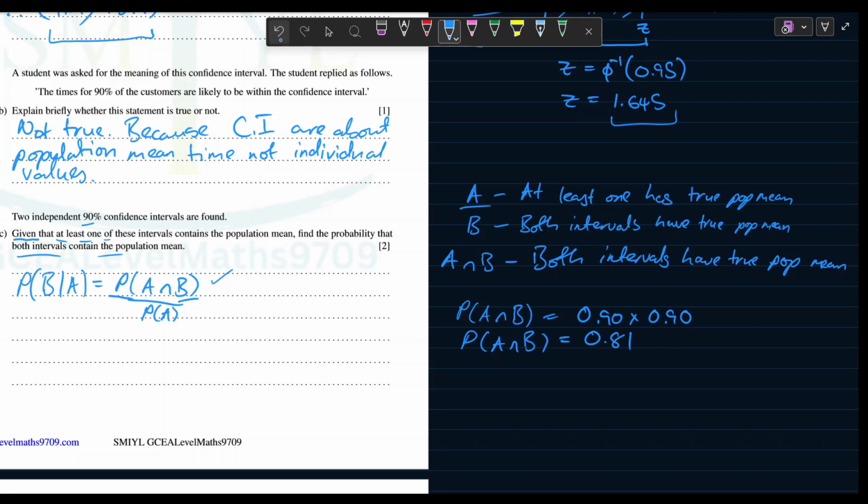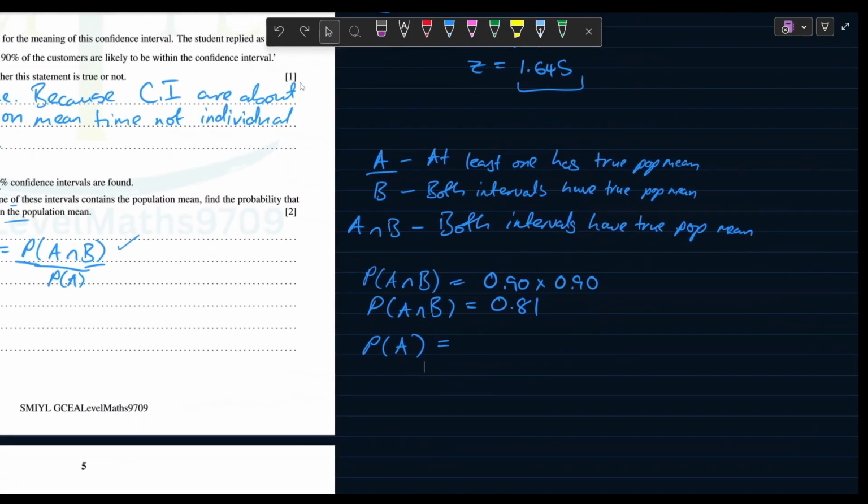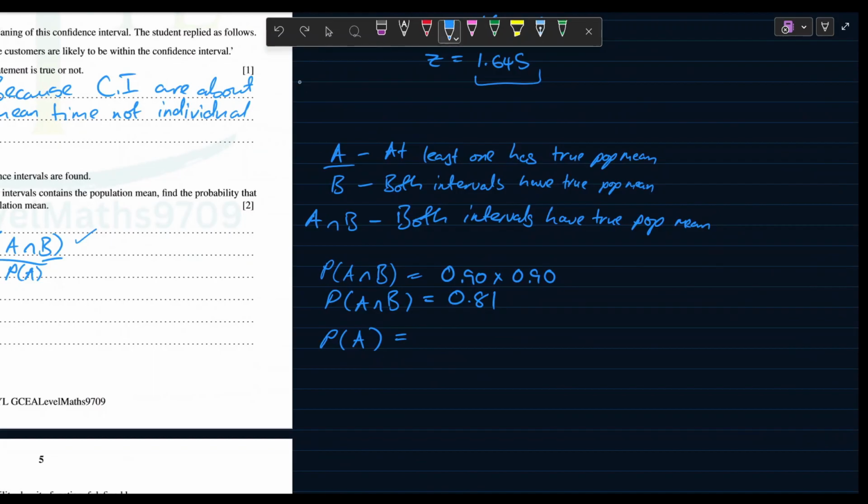And then we also need to find the probability of event A. So at least one of them has the true population mean. So we can find A in one of two ways. So the first way to do it is to think of it this way. Since we want at least one of them to have the true population mean, it means either the first interval has the true population mean and the second does not, or the first does not and the second does.